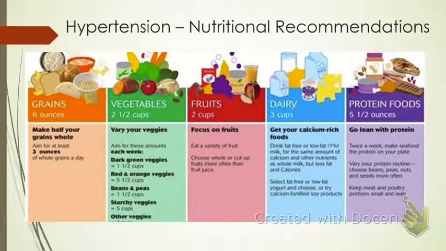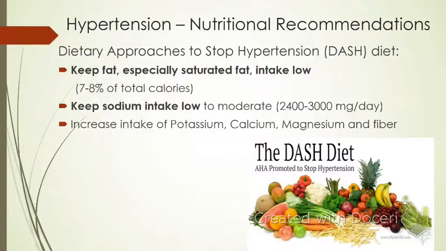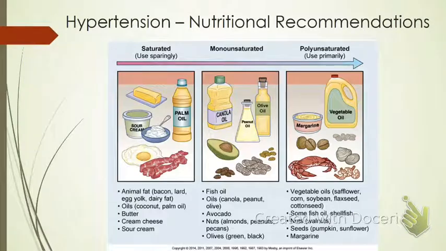It's hard. So this is kind of just nutritional recommendations. Again, did you have nutrition as a prerequisite or a co-requisite? Yeah. Somewhere a long time ago. Depends on where. Basically a healthy diet. I would like you to remember that they should have low saturated fat and lower sodium as a DASH diet. And here is the difference between saturated and unsaturated fats.